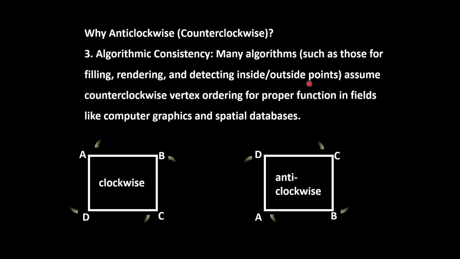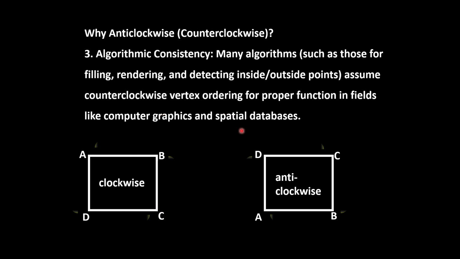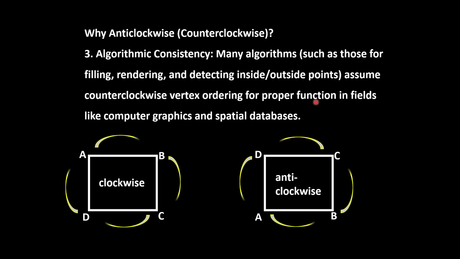The algorithms are written in such a way that they assume counterclockwise vertex ordering. So if you reverse the ordering to clockwise, they may not function properly. All the algorithms may not work properly.